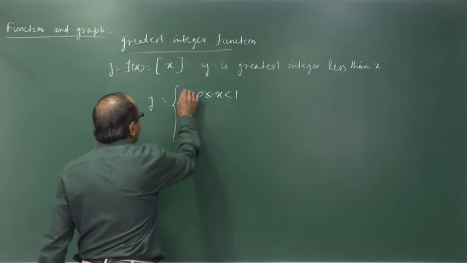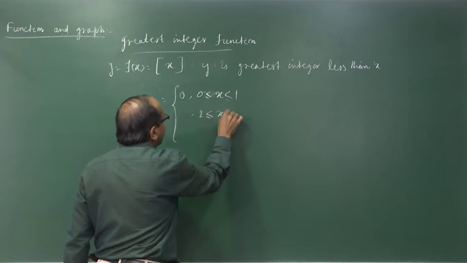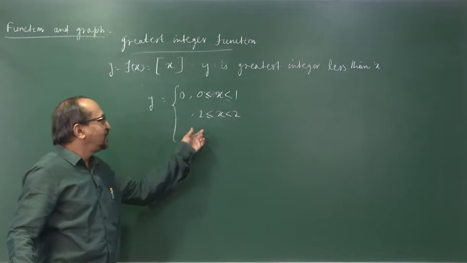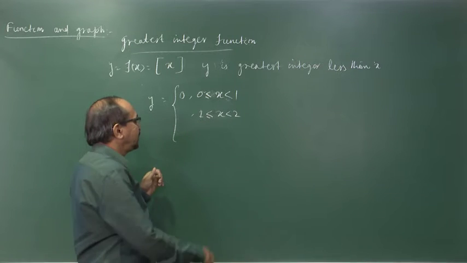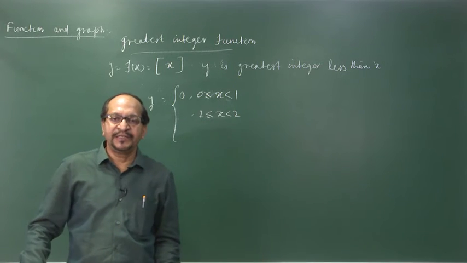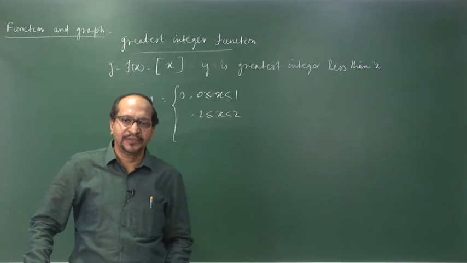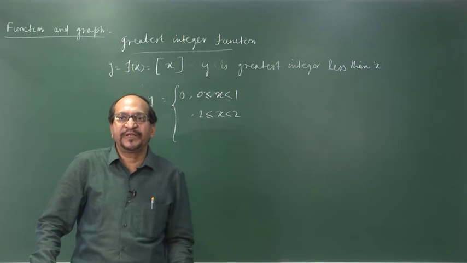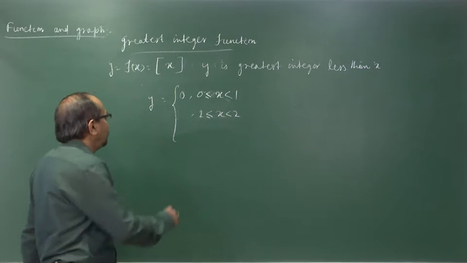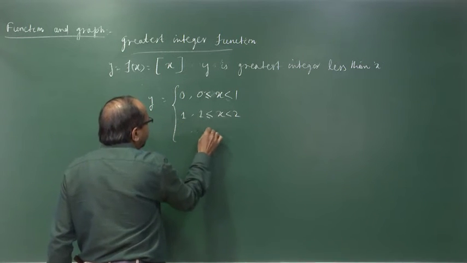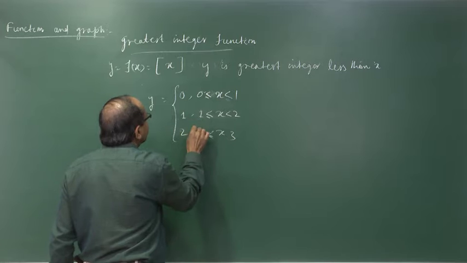When x lies between 1 and 2, the greatest integer which is less than x is always 1. So, for x equal to 1.4, the integer less than x is 1. For x equal to 1.5, it is 1. For x equal to 1.7, it is again 1. When x lies between 2 and 3, the function value is 2, and so on.